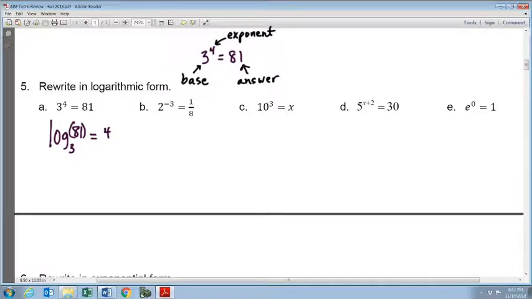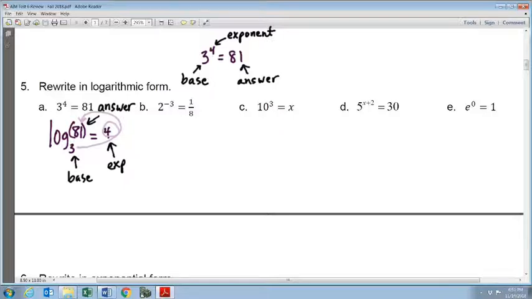So it's base, exponent, answer. In this case, the 3 is your base, the 4 is your exponent, and the 81 is your answer. So base, exponent, answer. And we talked about how you can check these, starting at 3 to the 4 power equals 81. I call it around the world.